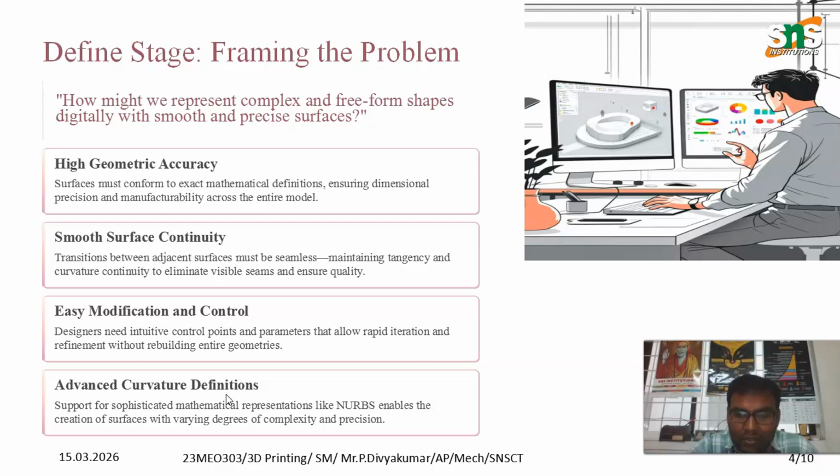Next, advantages of surface modeling. Surface modeling offers many advantages when compared to wireframe modeling. It gives better visualization of an object, provides a clear view of an object's shape, and also it has a more realistic representation than wireframe modeling, and it is suitable for complex shapes.